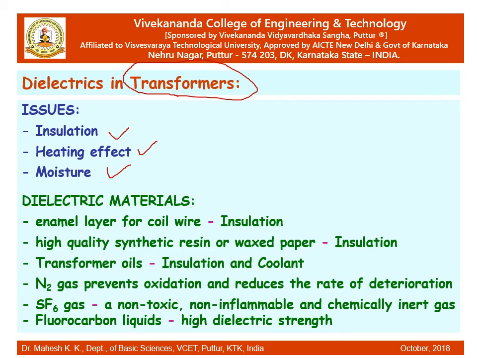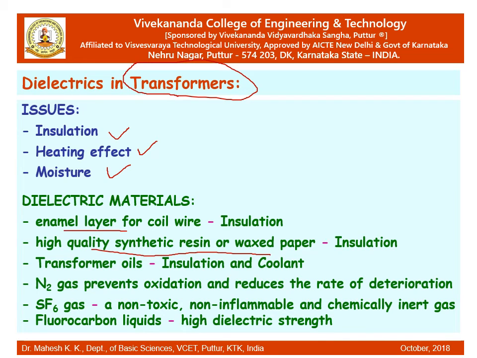The surface of the wire is covered with an insulator or enamel layer. That is because basically it is a copper wire, and a naked copper wire you cannot wind because there could be shorting. So that is why the wire has to be insulated, and the enamel layers are used for insulation. Between the wire and core, high quality synthetic resin and waxed paper are also kept to prevent any shorting.